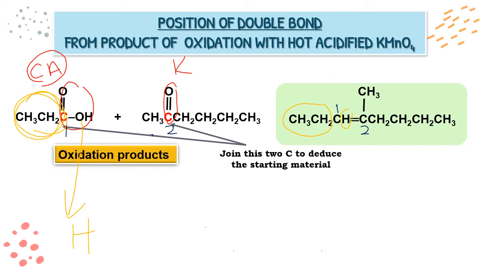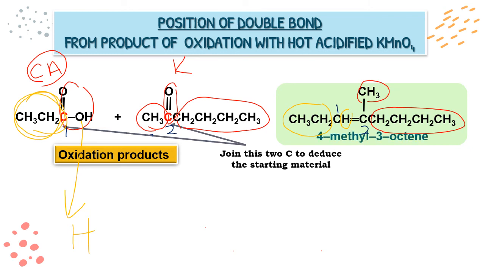For the ketone, it is very obvious. This carbon is bonded to one methyl group and one butyl group. So try deducing the name of this compound. The name is 4-methyl-3-octene.